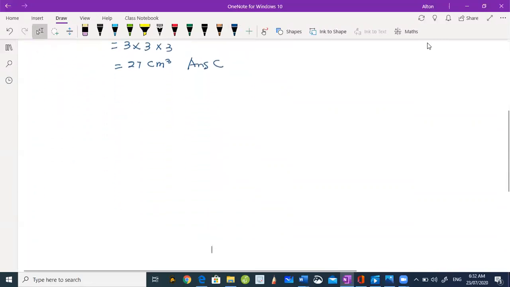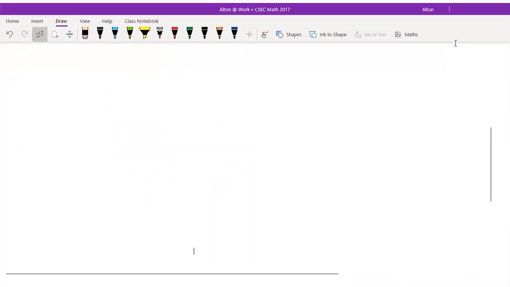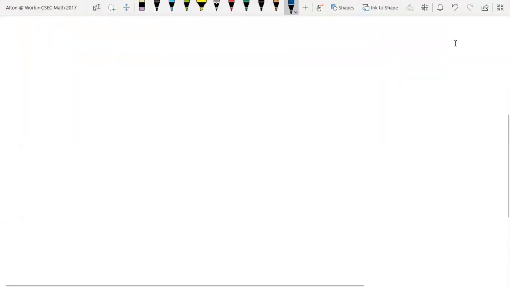Now move on to question number 34. Question 34 wants to know what is the speed of a car, and that question gives us the important information. We are told that it travels 80 kilometers.